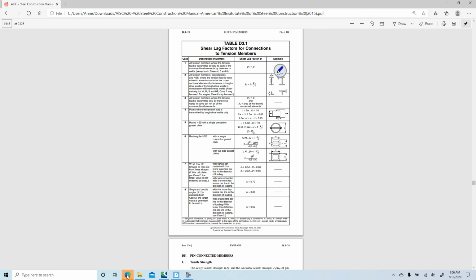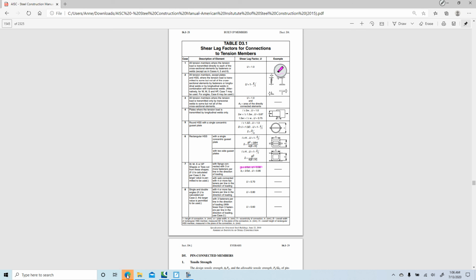If my flange width, that's what bf is, is greater than 2/3 of my depth, I can use 0.9, or I can use 0.85.